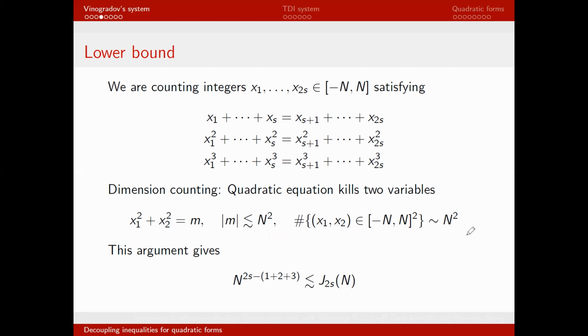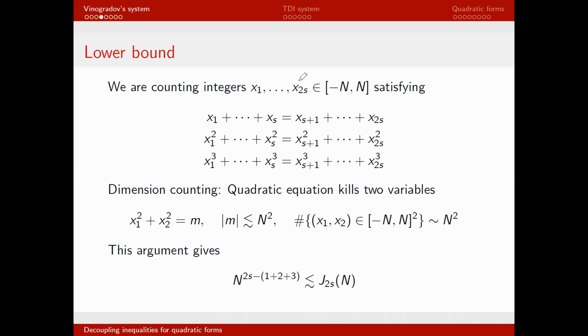That means generically, given m, there is only 1 pair x1, x2 satisfying this equation. That means this quadratic equation carries 2 degrees of freedom. Similarly, this cubic equation carries 3 degrees of freedom.